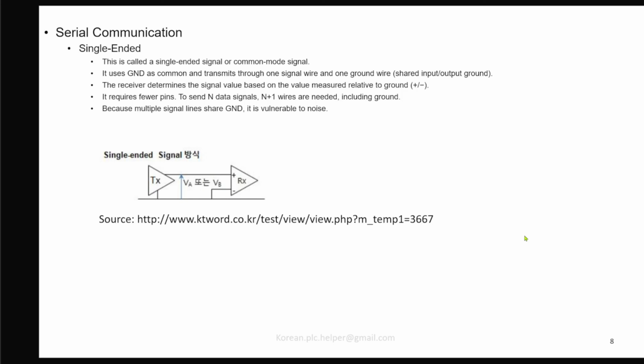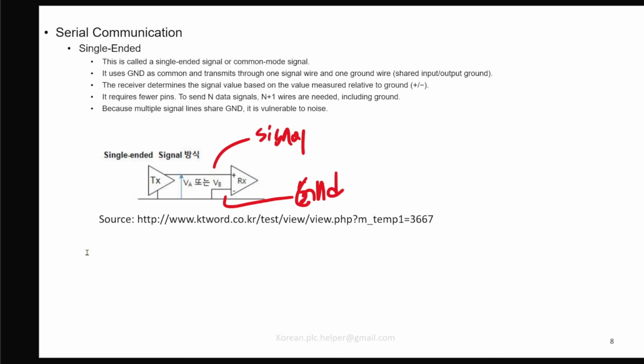On this slide, I will explain single-ended signaling. Single-ended signaling uses one signal line. This is one signal line and a ground reference. This is ground. In the receiver, measure the voltage of the signal line relative to ground.